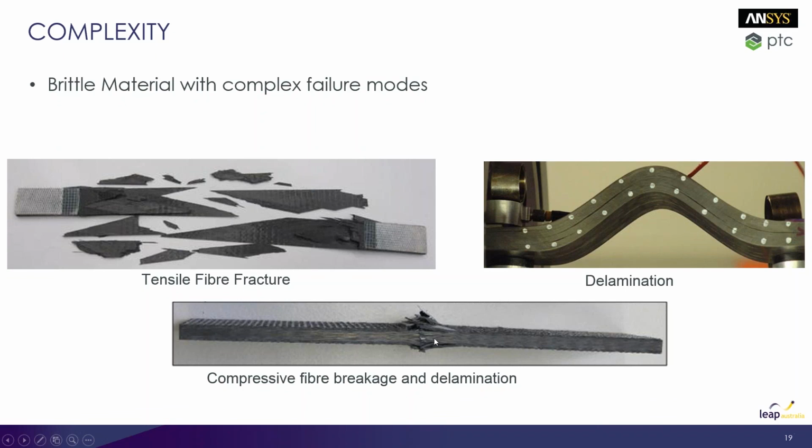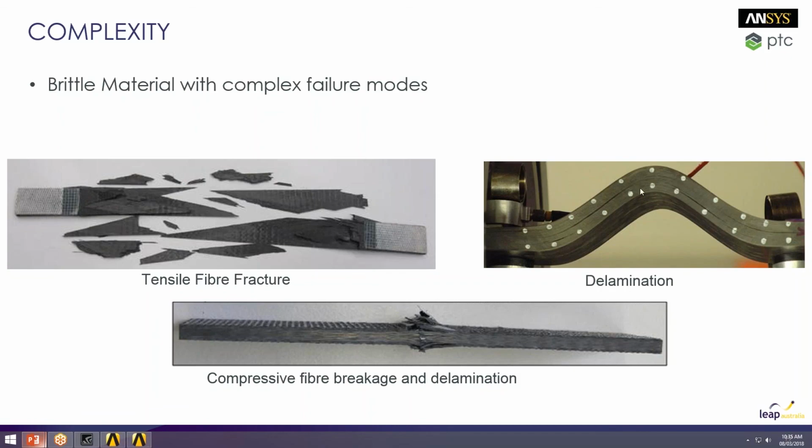Under compressive loading, the fibers can crack and buckle, and we're going to have not only fracture of the fibers but delamination, which is where these plies start to peel apart. We can see this really well in this delamination test.